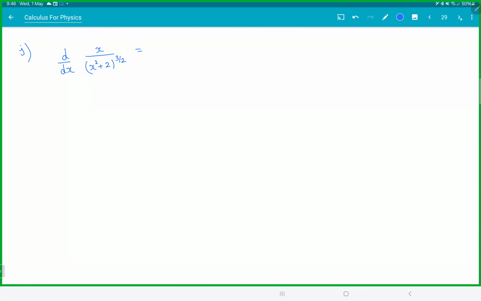Or you can actually use product rule and chain rule, however you want. Try.